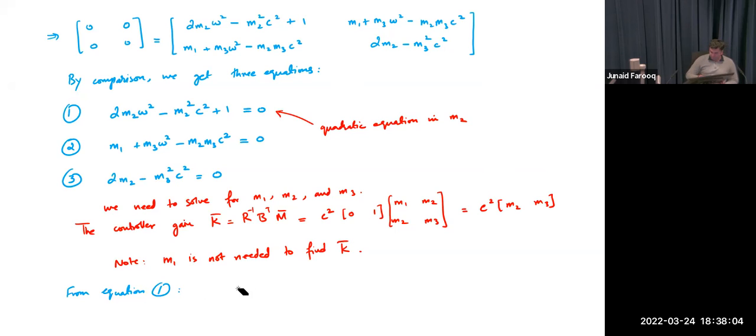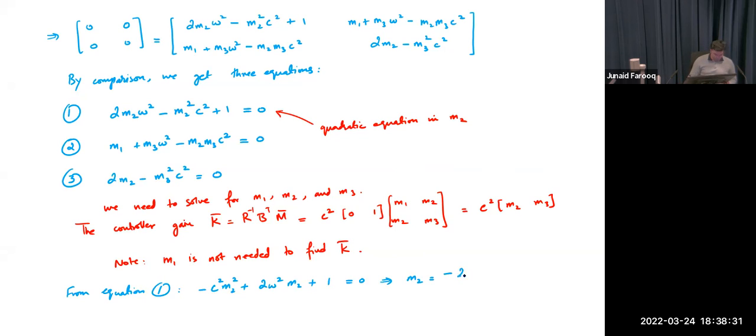Let's first write down the equation. So the equation comes out to be minus C squared M2 squared plus 2 omega squared M2 plus 1 equals 0. So M2 will be, I'm using the quadratic formula.